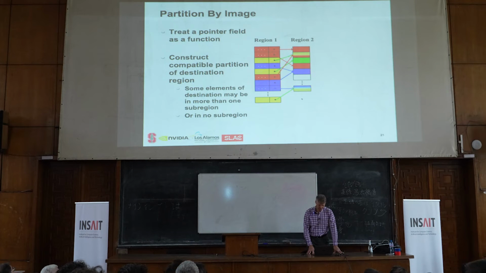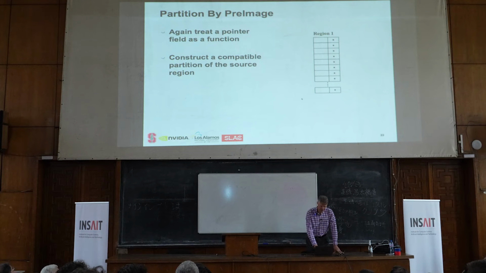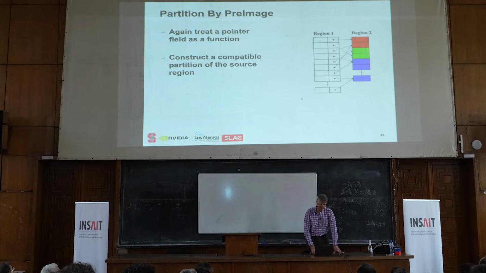Okay, all right. And then partitioning by pre-image is just the inverse operation. So we've already partitioned the second region, in this case into 3 colors: red, green, and blue. And the first region has pointers into the second region. So now we're just going to color things backwards.